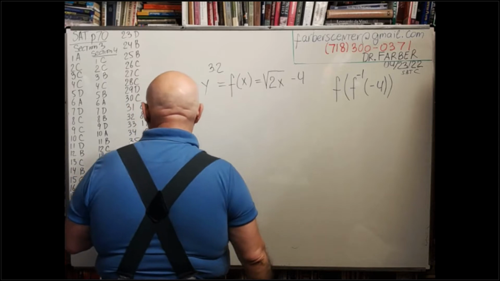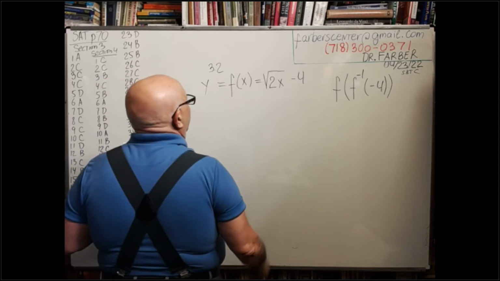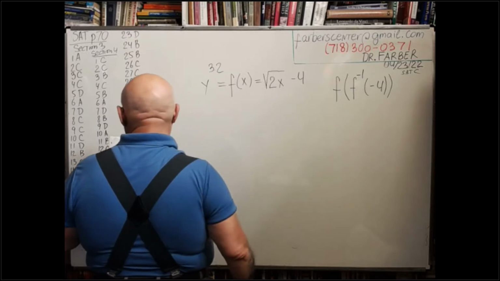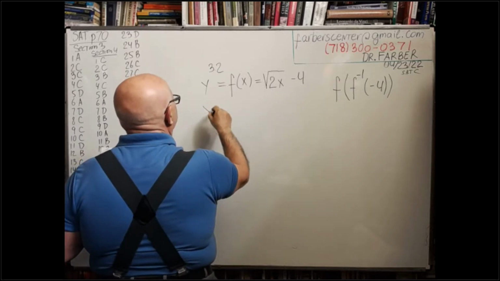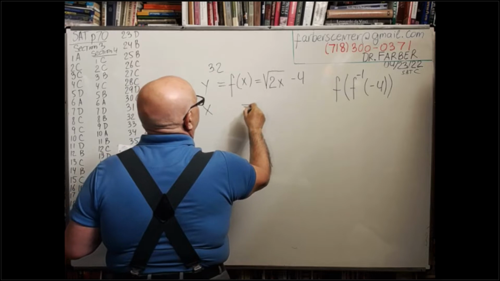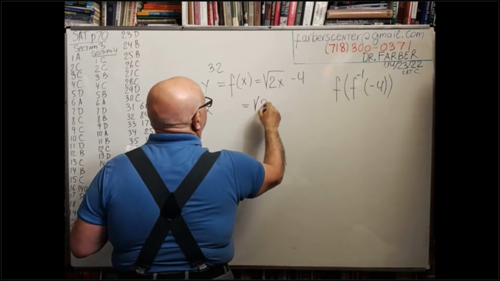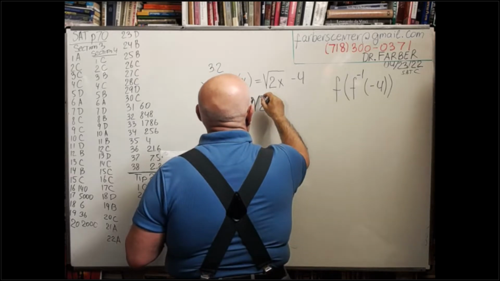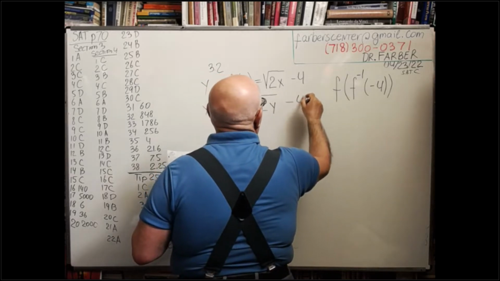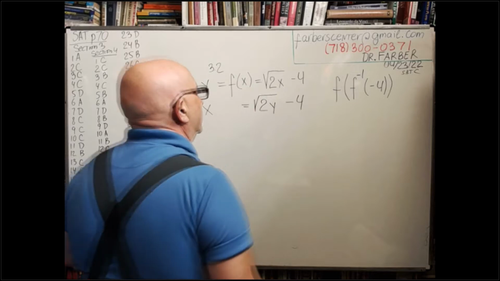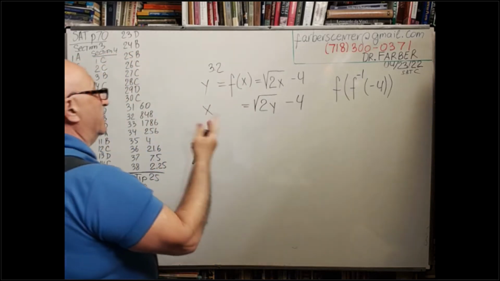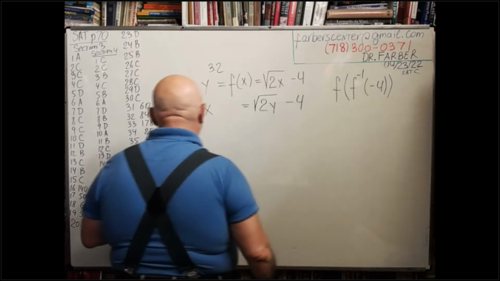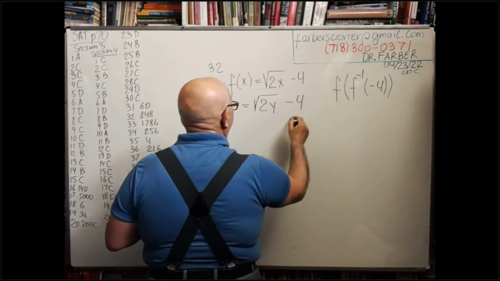Okay. So if y equals square root of 2x minus 4, you can write that x equals square root of 2y minus 4. In order to get the inverse function, you reverse x and y. How to find y from here? Easy. You add 4 to both parts.